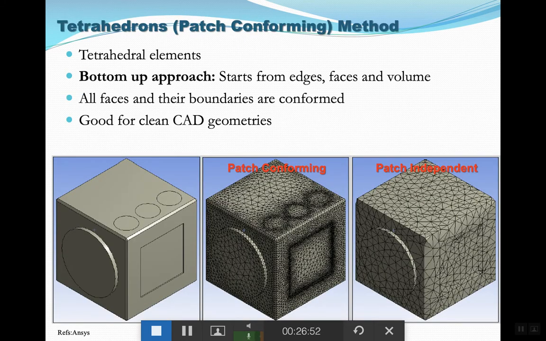Tetrahedrons, which is a patch conforming meshing, means every solid is meshed with tet cells. But it would be patch conforming. In CFD, we always use tetrahedron patch conforming. You see the difference. If you have 3 circles here, in patch conforming, the mesh will adhere to those circles, whereas in patch independent, you won't see those circles. And for us in CFD, always and always, we use patch conforming.